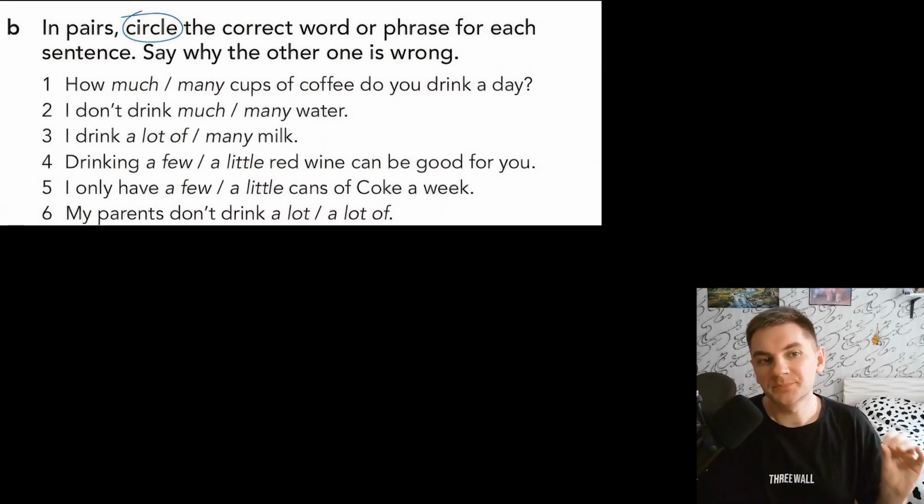Part B. In pairs, circle the correct word or phrase for each sentence. Say why the other one is wrong. Okay, just do it, then check yourself.